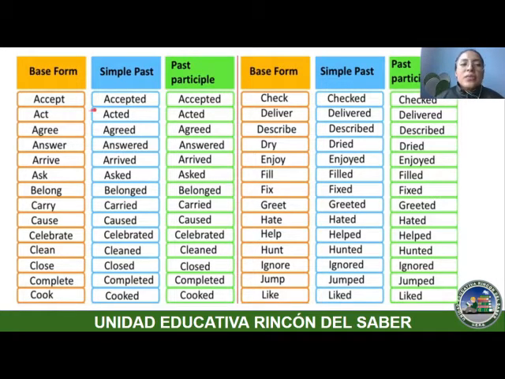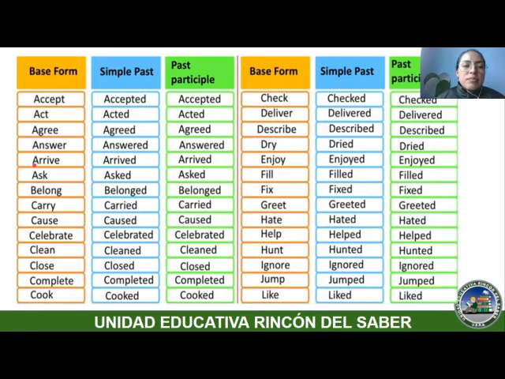Actuar, exacto. And change in past? Only you have to add ed. Very good. Next, in past participle, please. Excellent. Only you have to add ed. Lo único que tenemos que hacer es aumentar la ed al final y es todo. Very good. And that is so important.